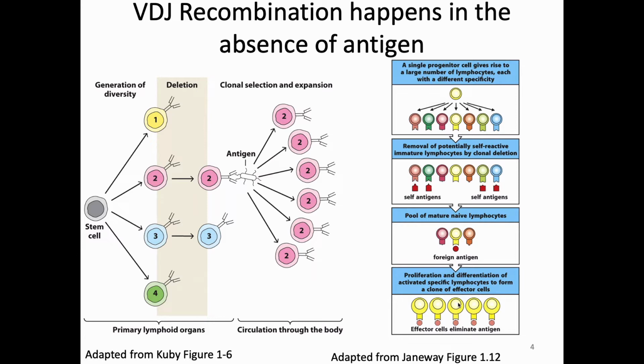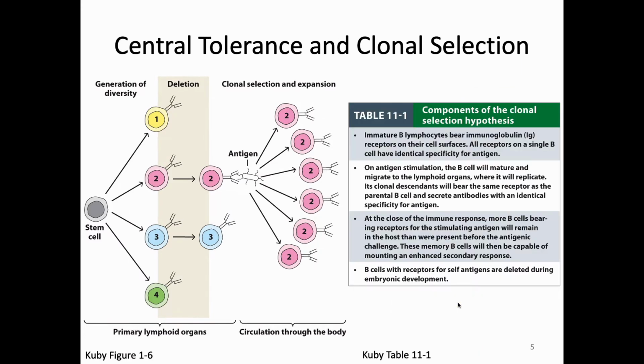And so this process is the process we're going to be talking about now. This process is often known as central tolerance. And so in fact here you can see the overall clonal selection hypothesis. So we have these B cells.